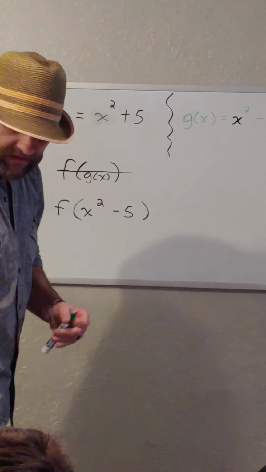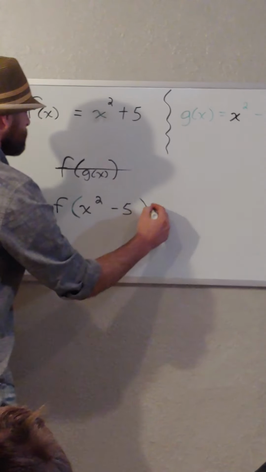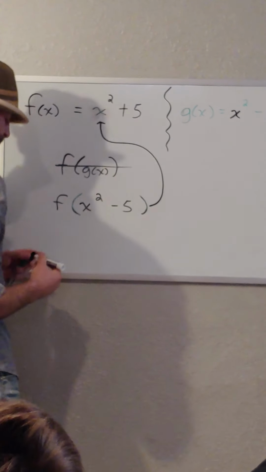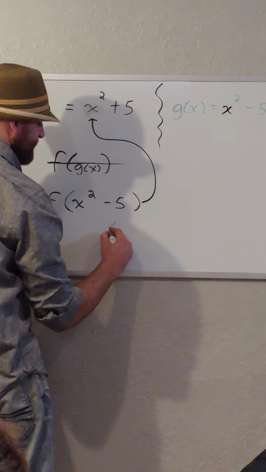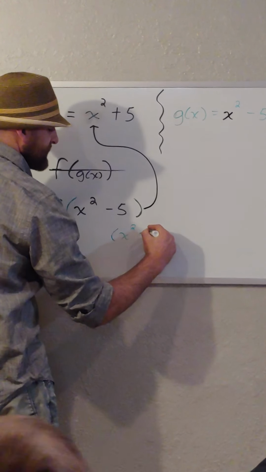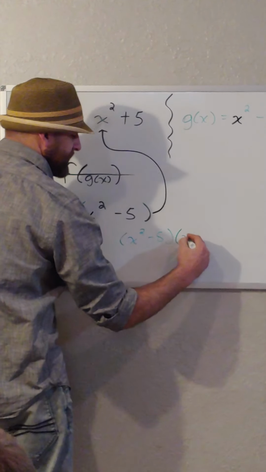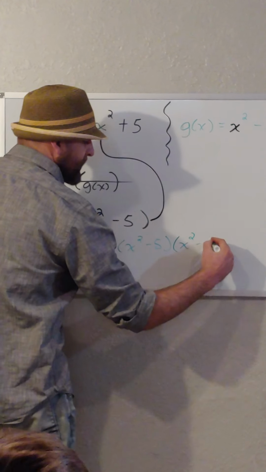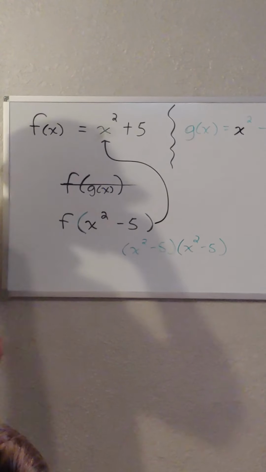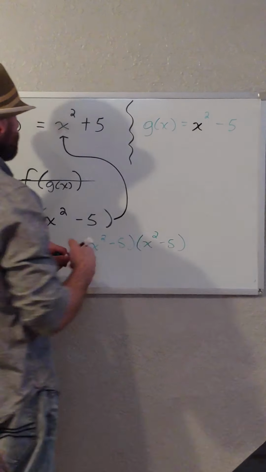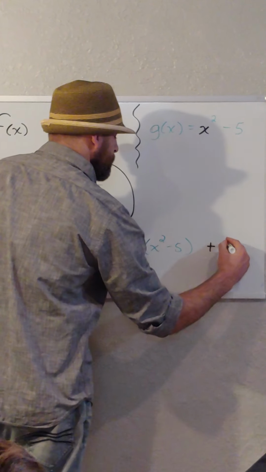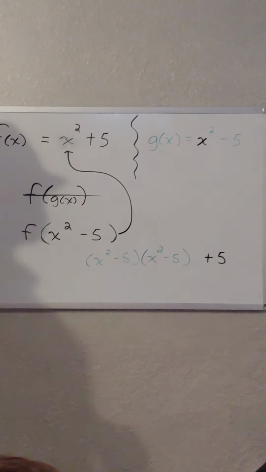So I'm going to take this, plug it in for x. And then I'm going to have this right here: x to the second minus 5. And it's to the second power, so we're going to have another x to the second minus 5, plus 5.